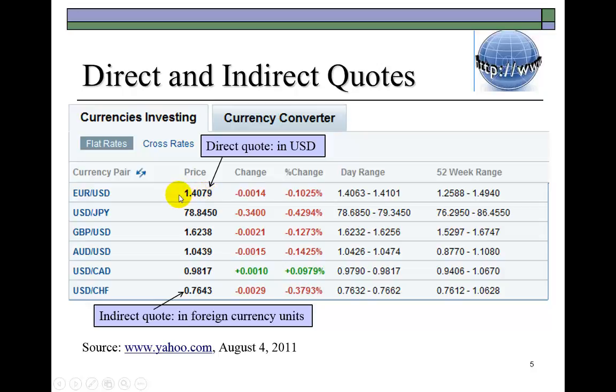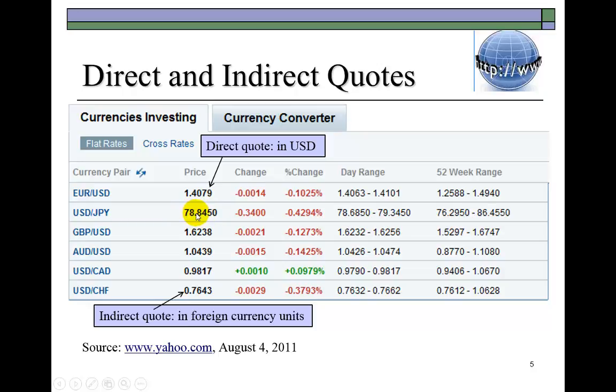So again, this is in US dollars, and therefore it's a direct quote. JPY though is on the right side, so this tells you it is Japanese yen per dollar. So you can see that back in 2011, this is how much Japanese yen you're going to need per US dollar.